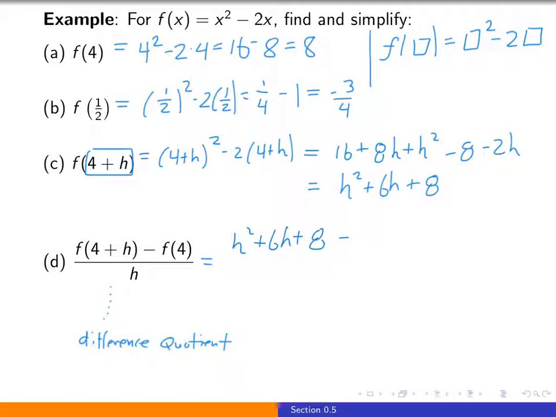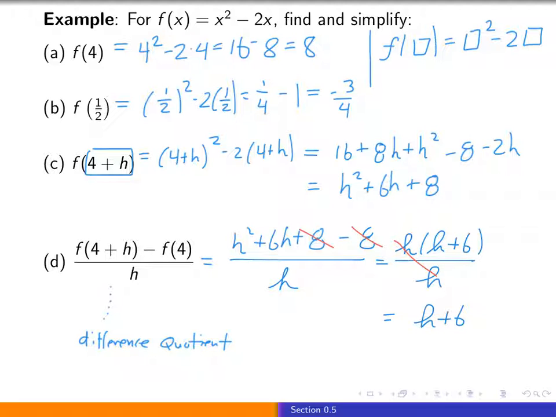We're subtracting away f of 4, which we saw in part A is the number 8. And this is all over h. Plus 8 minus 8 cancels. And in the numerator, we can factor out an h. And since we're dividing by h, the h's cancel. And the simplified version here is h plus 6.